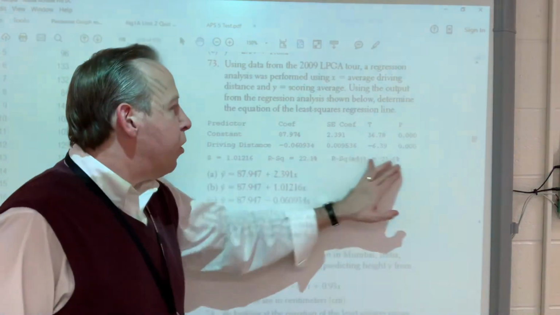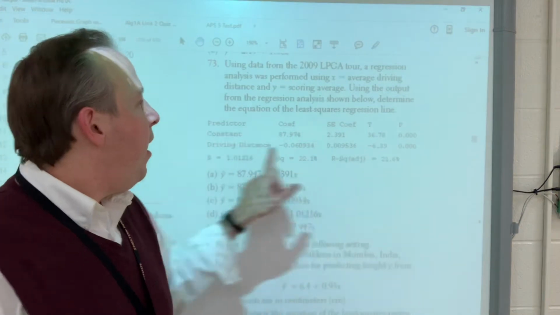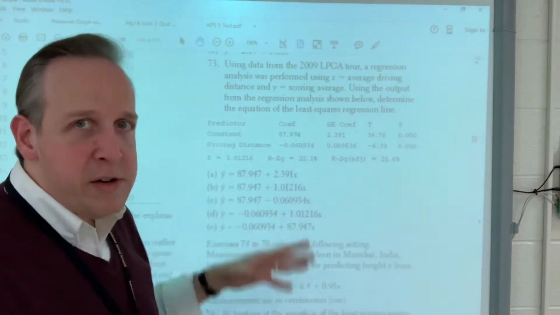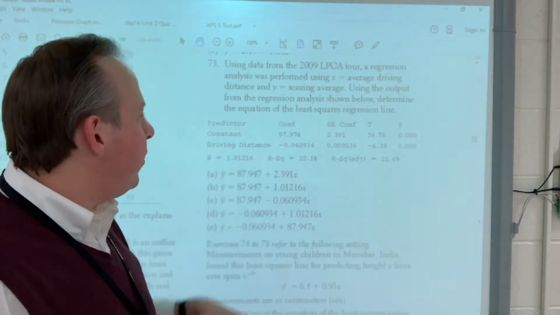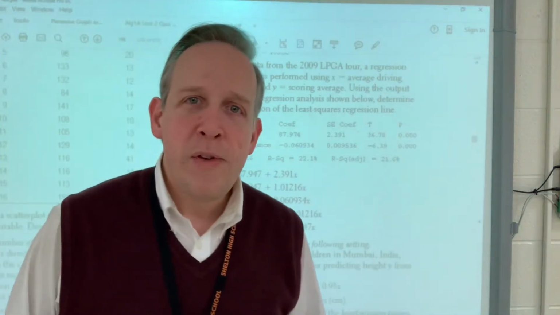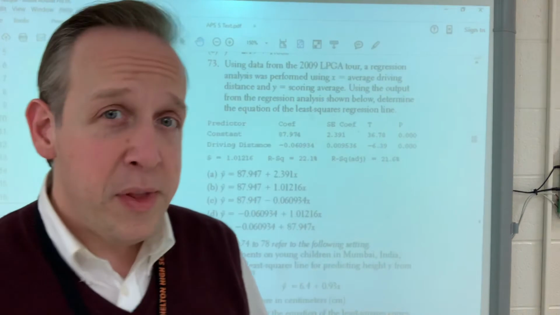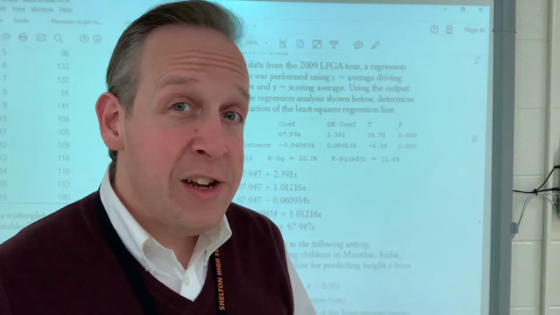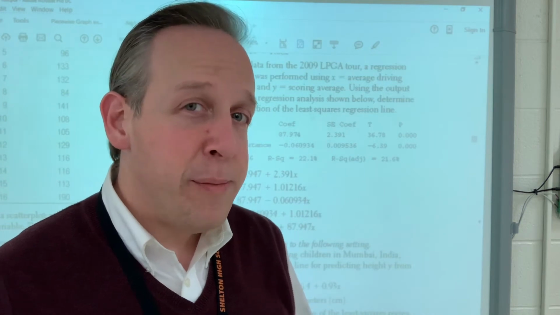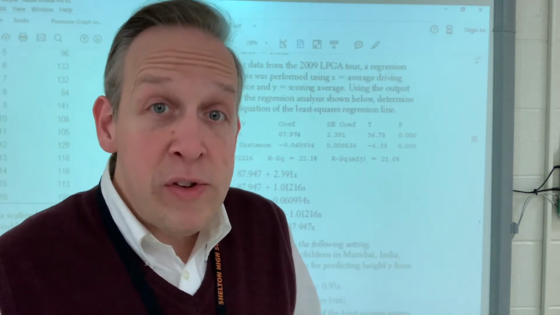This line is more of a concern. S is the standard deviation. The standard deviation is 1.01216. What the standard deviation means with linear regression is it's the average distance from the predicted value to the actual observation. It's the average residual.